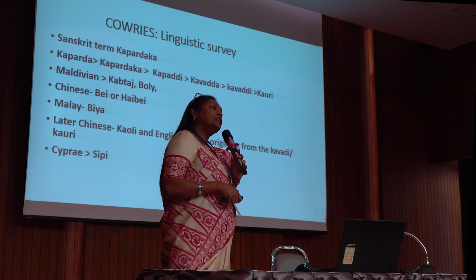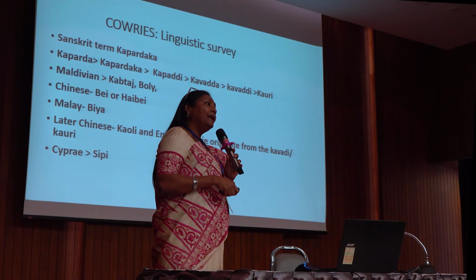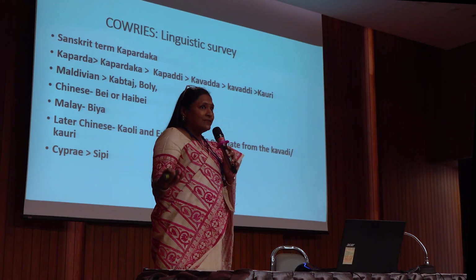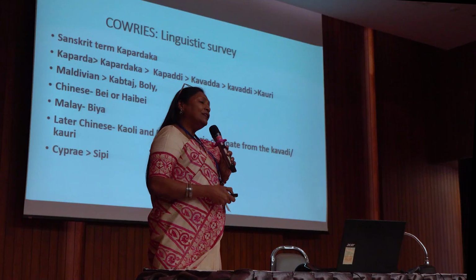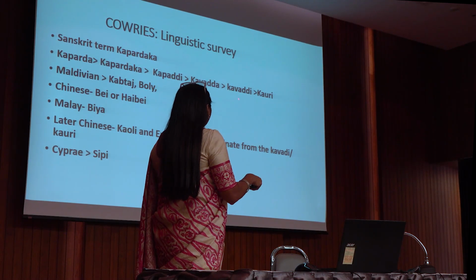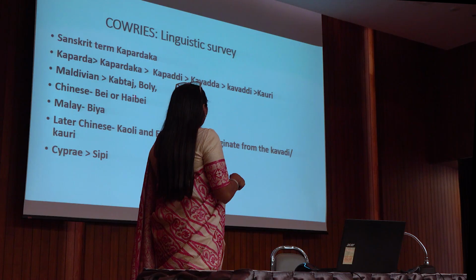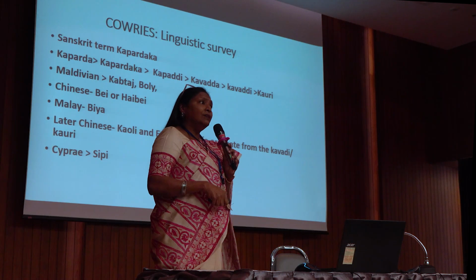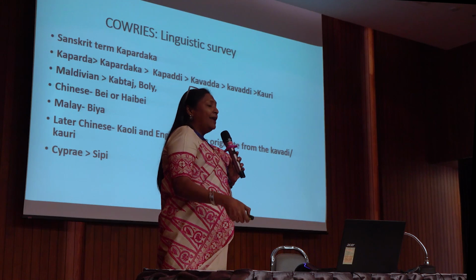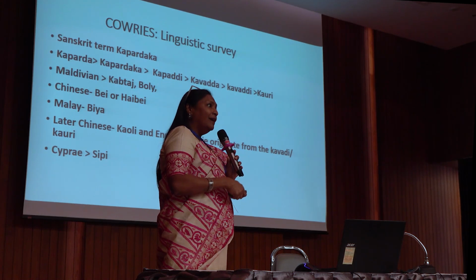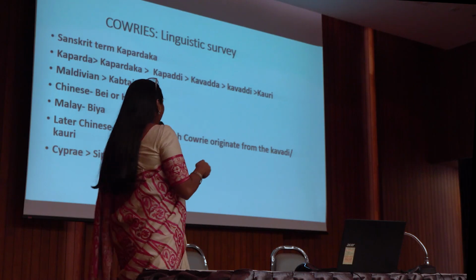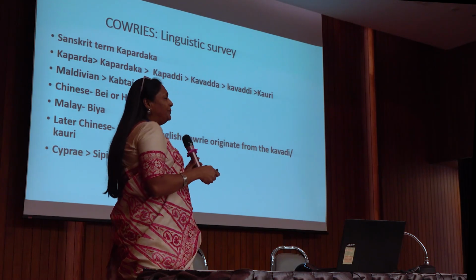But these cowrie shells are procured from an island, the island of Maldives, which is now a country. In Maldives, they are not called kapardaka or kapadda or cowrie, but they are called kaptaj or boli, which is a local term. If they are produced there and procured from that area, the word should be Maldivian, but we do not find a Maldivian word. We have to remember these.